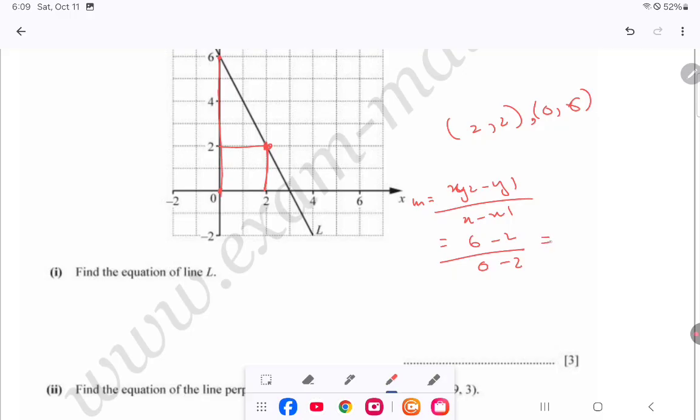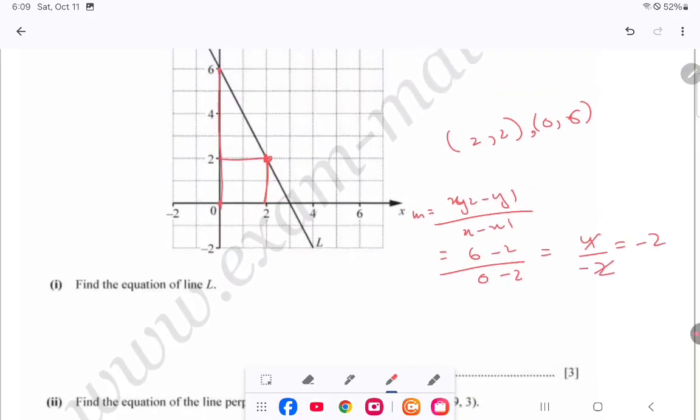Now the value of the slope becomes 4 over negative of 2, which will become negative of 2.